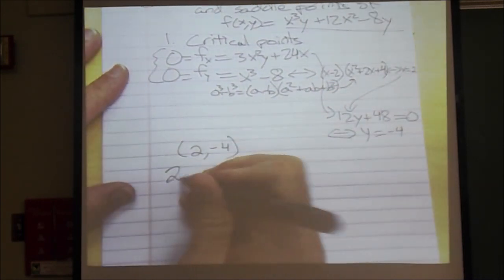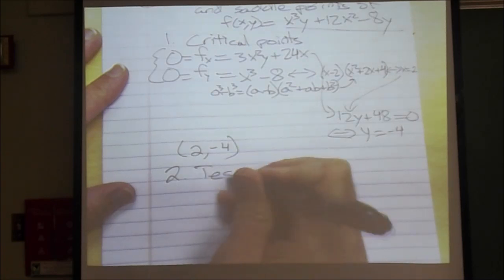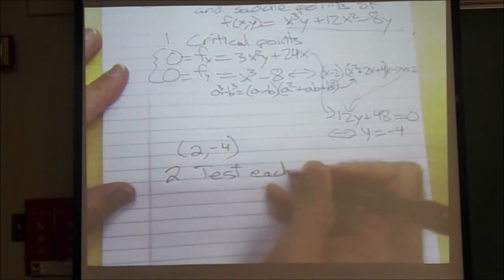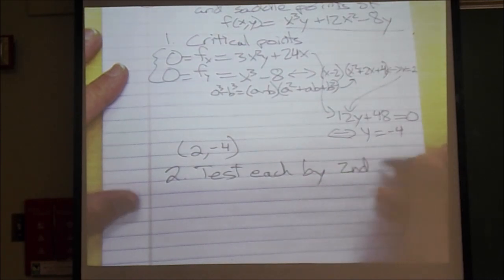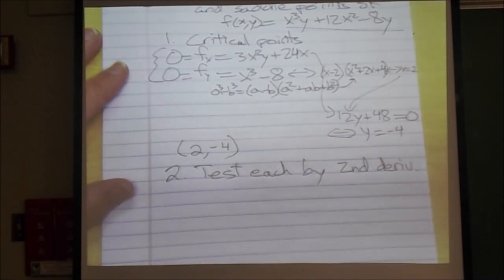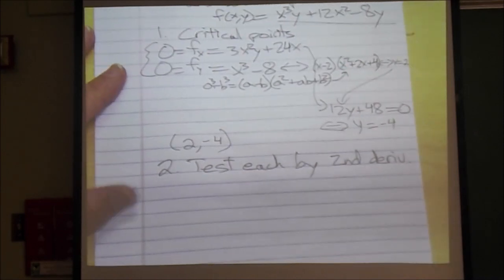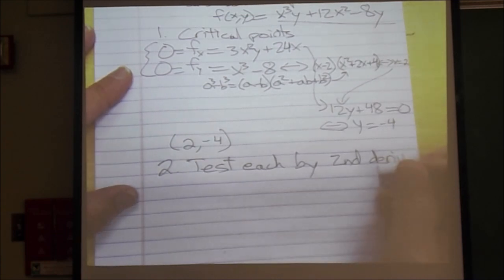So on step 2, we test each critical point, we only have one, by the second derivative test. Because in this calculus, we don't have a first derivative test. It's complicated, and you can do it on an ad hoc basis for various functions, and we'll just use the second derivative test.